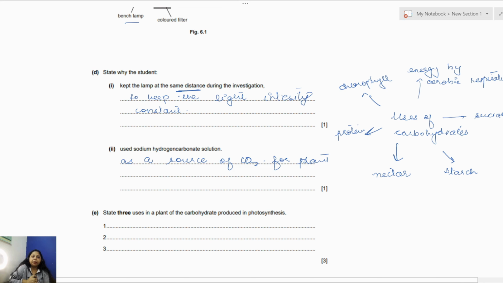I have one more question for you now related to sucrose and starch. We say plant makes glucose, transports sucrose, but stores starch. Why are there three types of carbohydrates? Starch, and the one which it makes, glucose.